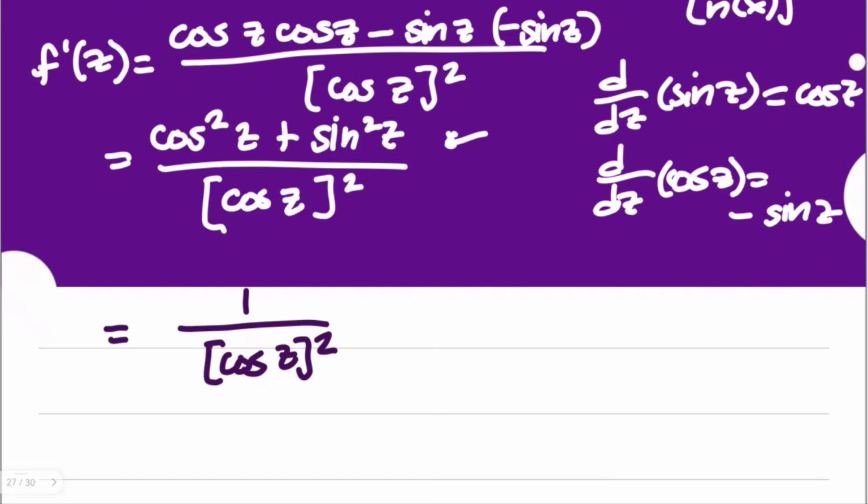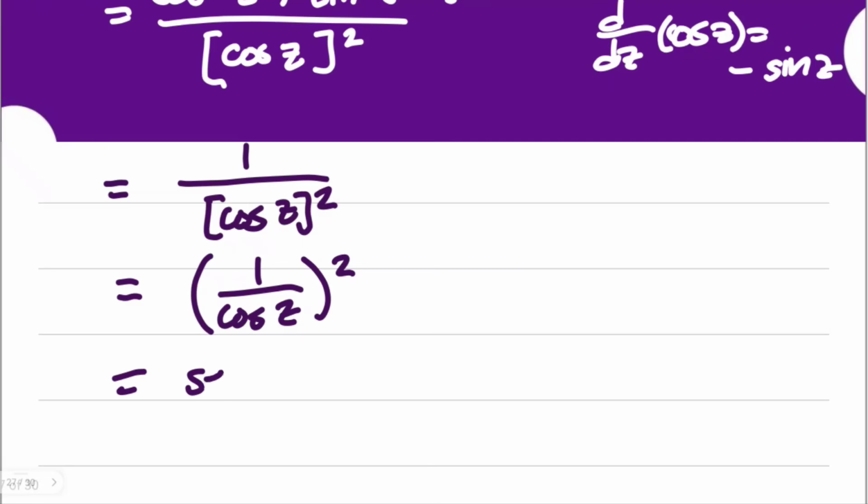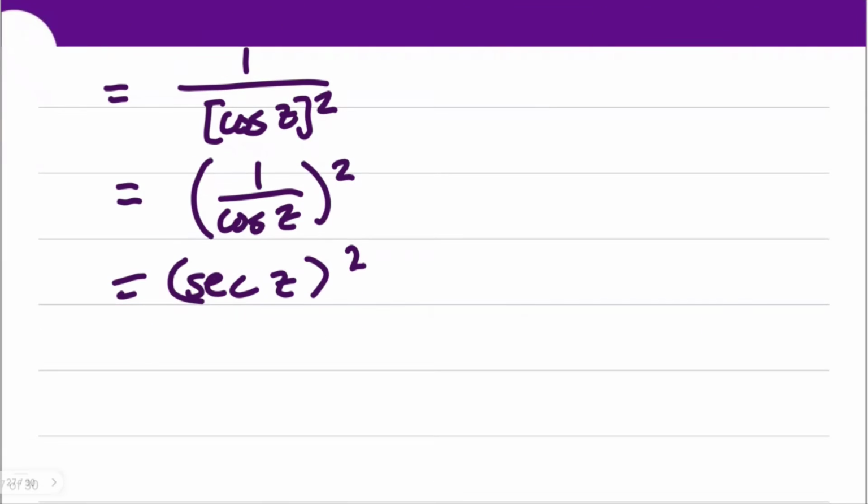We can rewrite it in this manner: when we take out the square, that's 1 over cosine z, squared. And we know that 1 over cosine z is secant z. When you square that, this is equivalent to the square of secant z, which is our target.